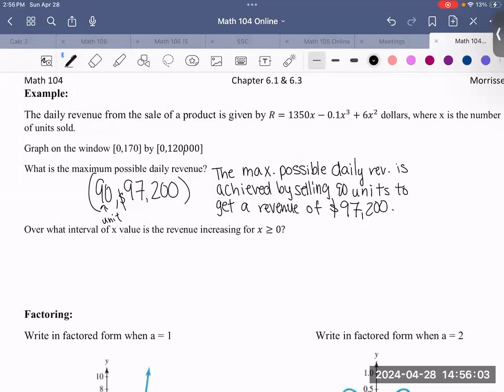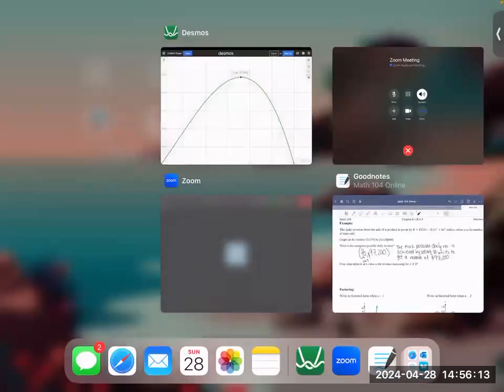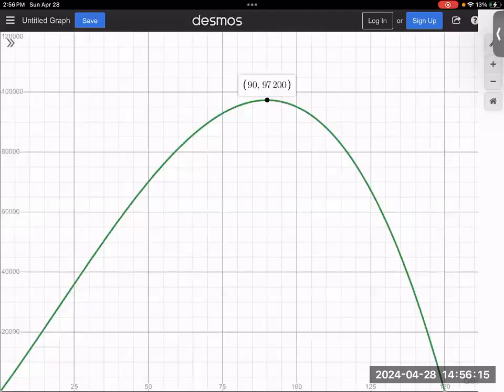Then it says, over what interval of X value is the revenue increasing from 0 inclusive? So looking at your graph, we want to determine where your graph is rising, increasing. So we are increasing from your 0 value here all the way up.